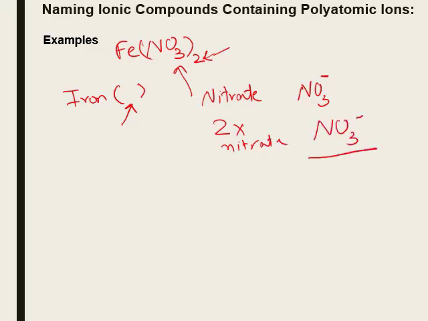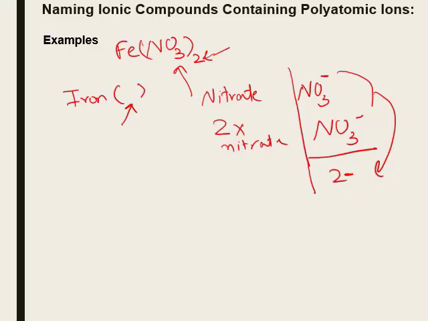So because there are 2 nitrates, each nitrate is -1 charge, so the overall charge is 2 negative, right? So if the negative part is 2 negative, hence the positive part, which is cation, must also be 2 positive.